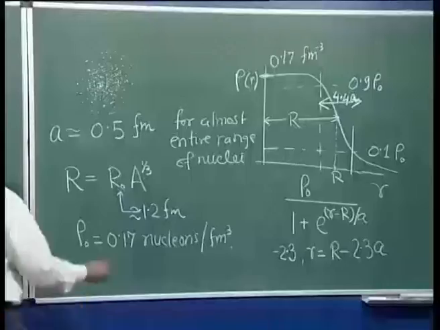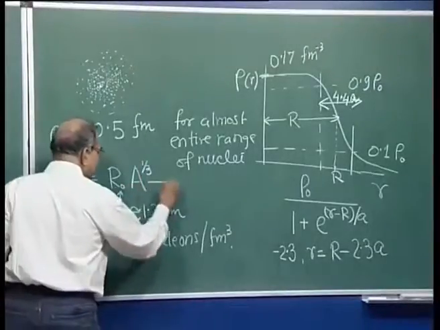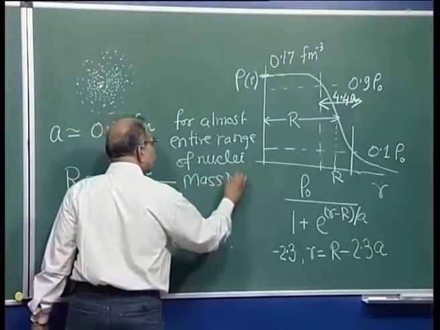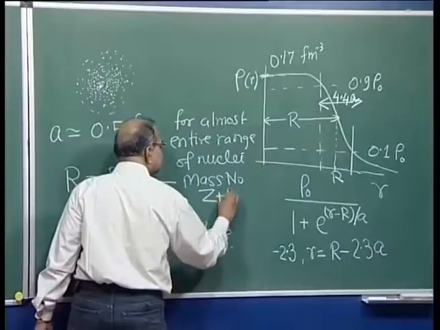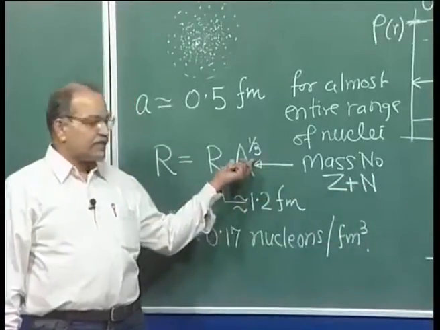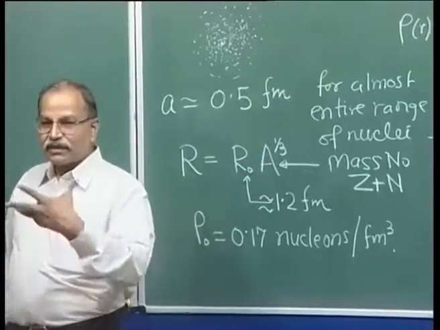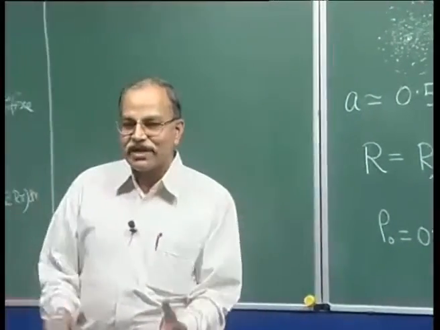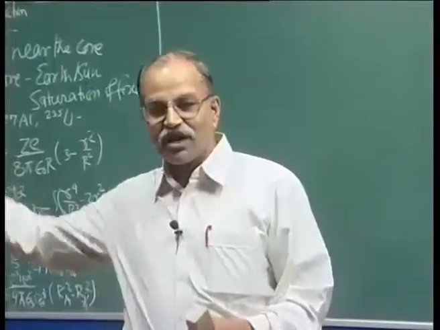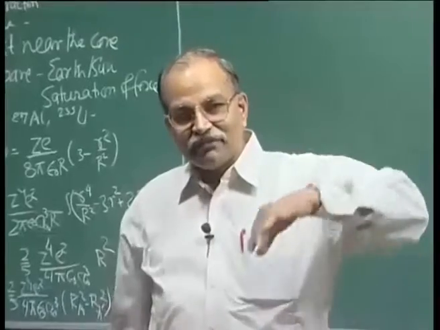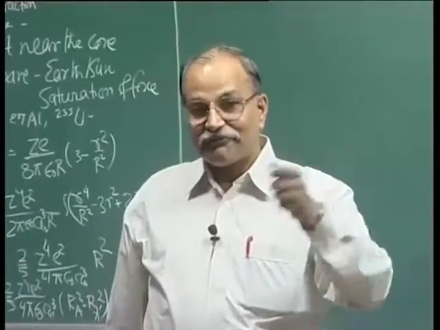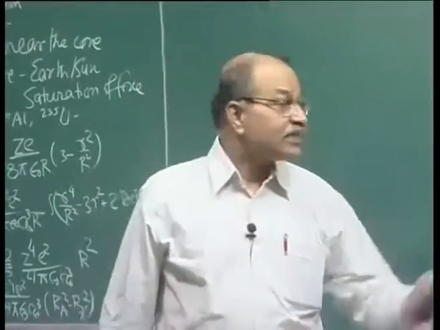Capital A is the mass number, Z plus n, the number of protons plus the number of neutrons. So, if you are working, let us say, with carbon 12 nuclei, you have a carbon film, and you bombard it with electrons and measure the number of electrons scattered in different directions, and from there you deduce what this capital R is.